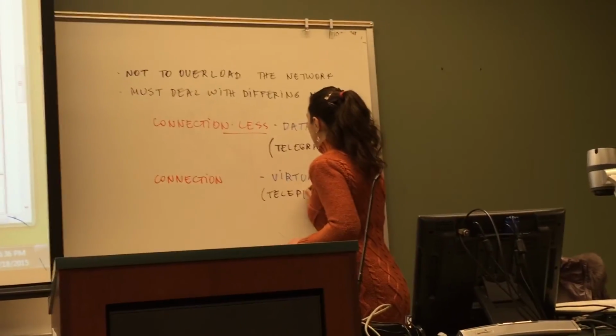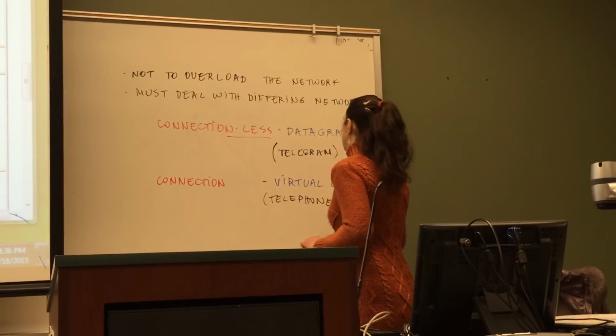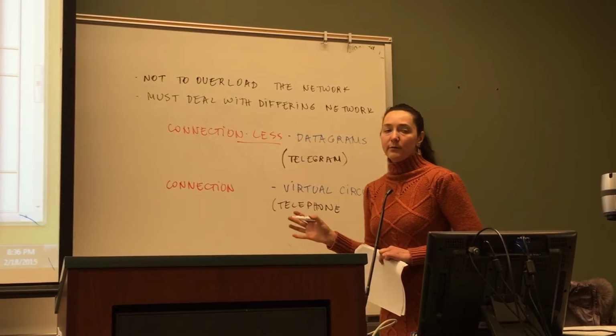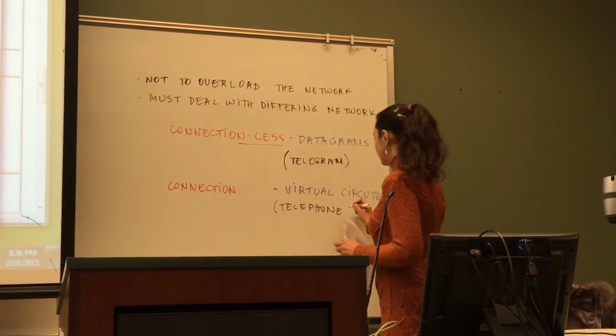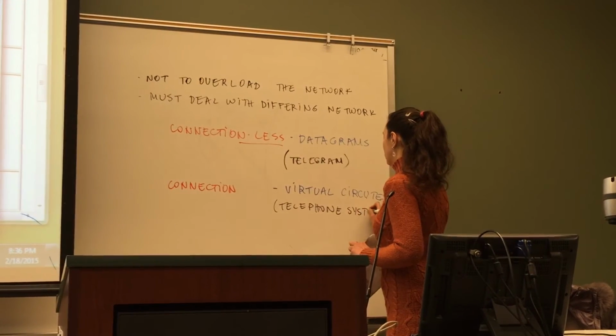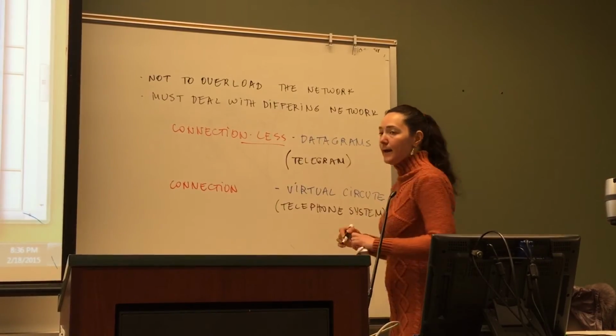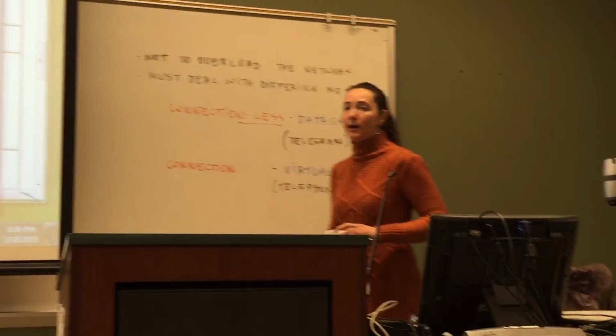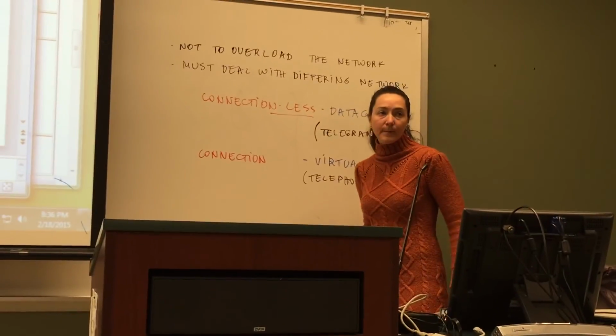You know, when we're going to talk on the phone, first we need to establish connection to the other person that we're going to talk to. So we call them and have to connect to them. And once the connection is established, we can talk.